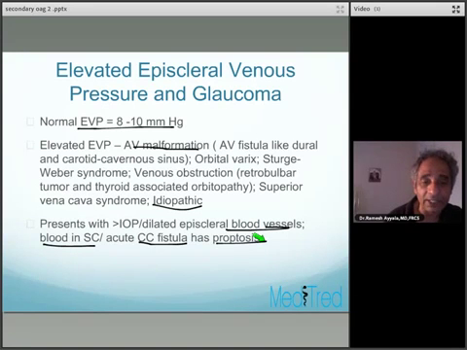Further investigation revealed that she somehow spontaneously developed a CC fistula that resulted in that buzzing sound because of blood flow across the fistula, and she also developed acute proptosis and elevated intraocular pressures.